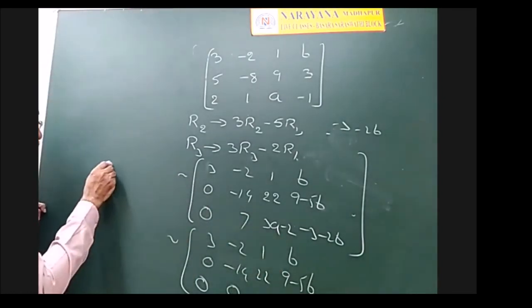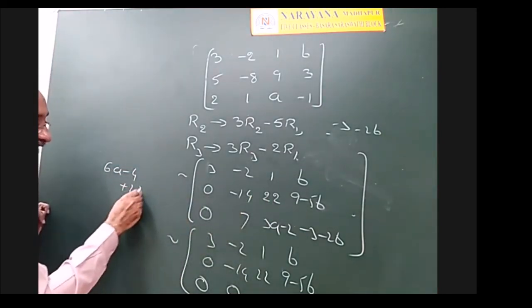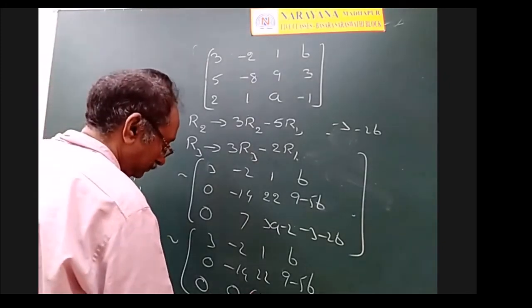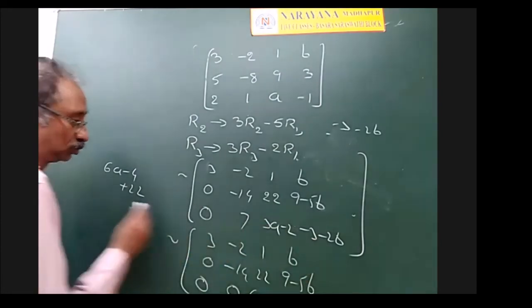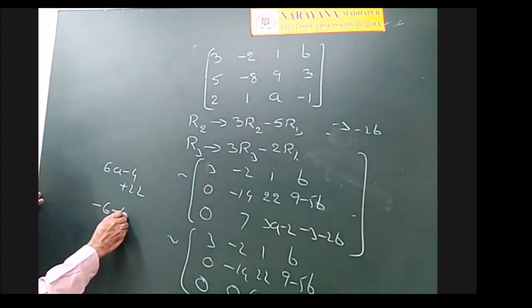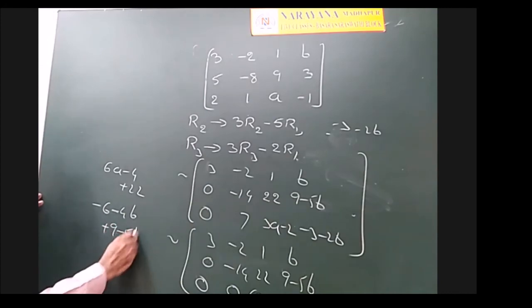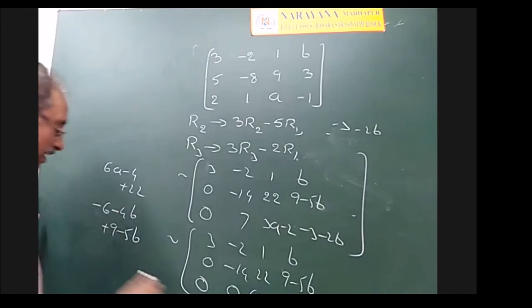Multiplying this with 2, 6A minus 4, adding this plus 22. So 6A plus 18, 6A plus 18. So multiplying this with 2, that is minus 6 minus 4B, and adding this 9 minus 5B. So this is 3 minus 9B.